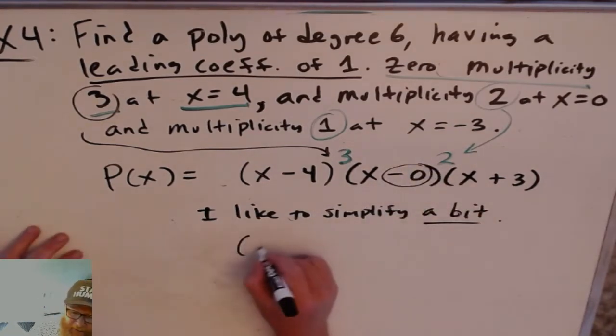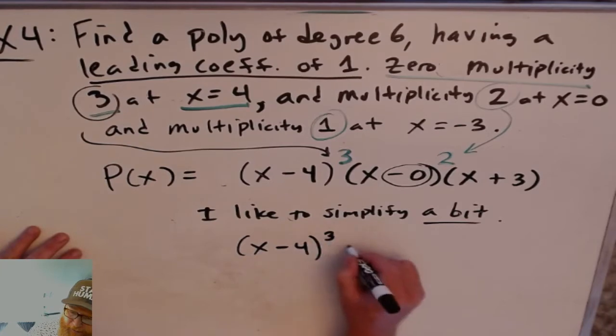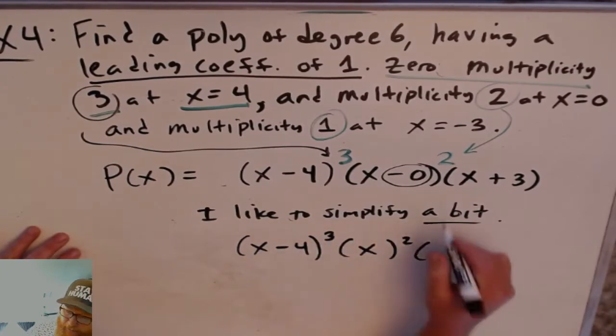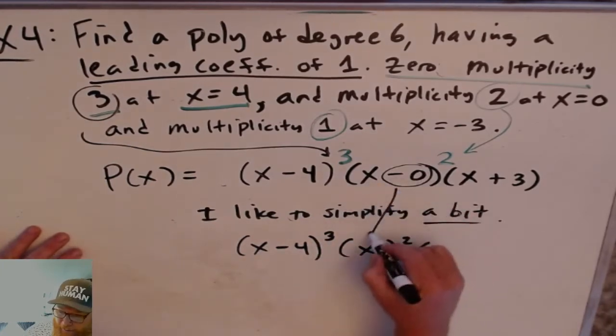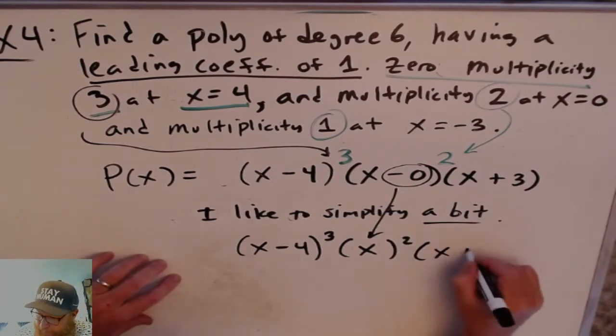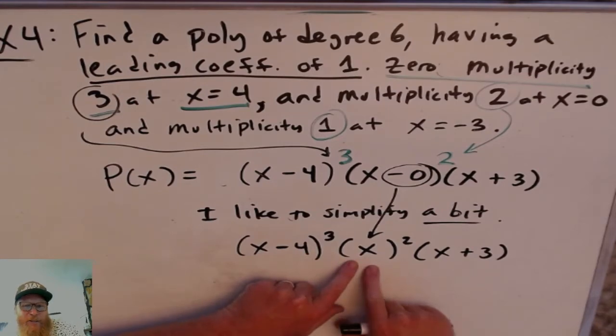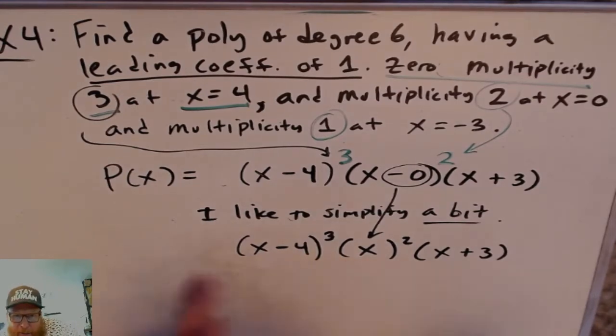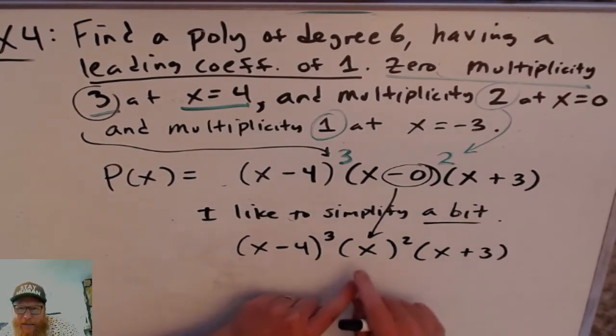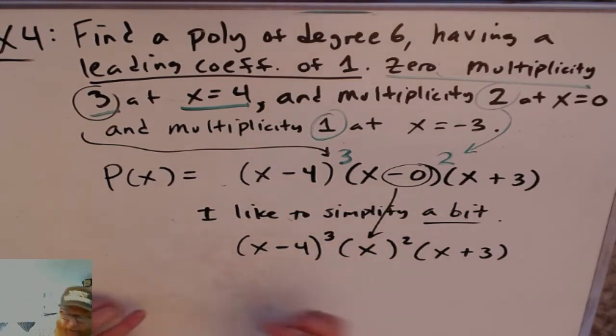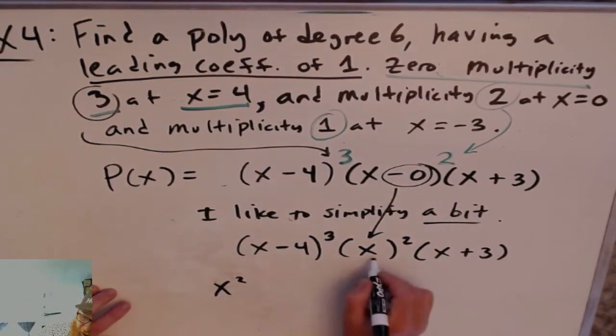What's the point in having a 0 there? x minus 0, we might as well just write that as x. And then because this x looks a little bit squished, boxed in there between these guys, typically we move it out to the front.